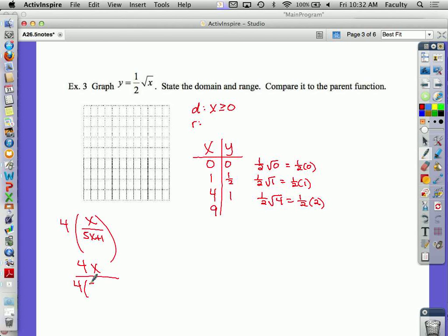I had several somebodies multiply the top and the bottom by 4. Why on earth can you not do the top and the bottom by 4? Because the 4 is really 4 over 1. Yeah, 4 over 4 is not 4. I could not believe that. And then the other thing that I saw students do was this.